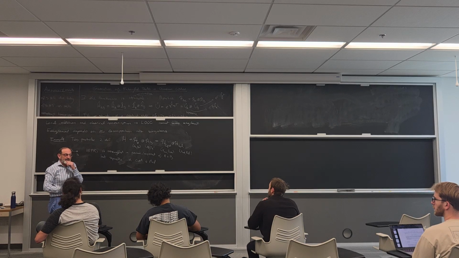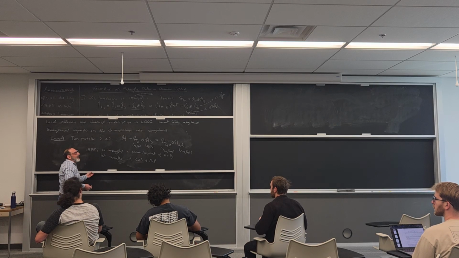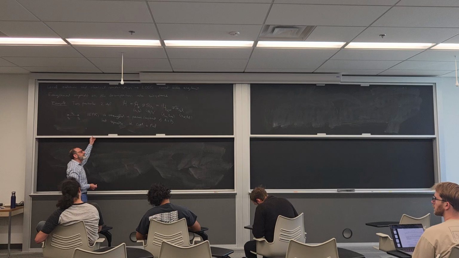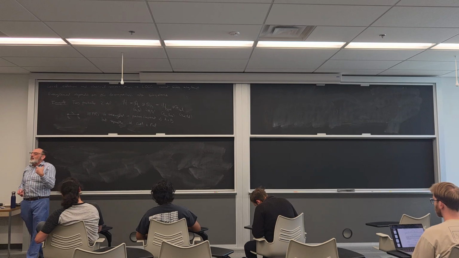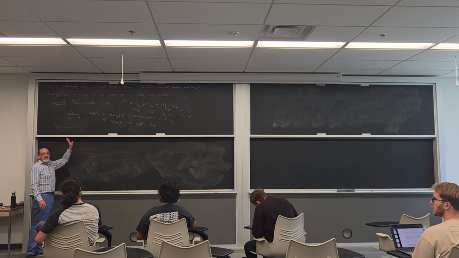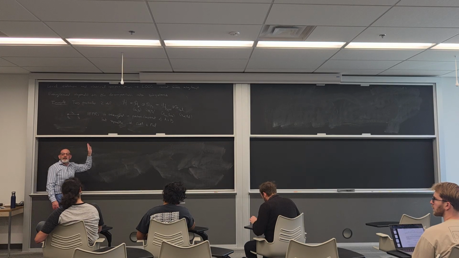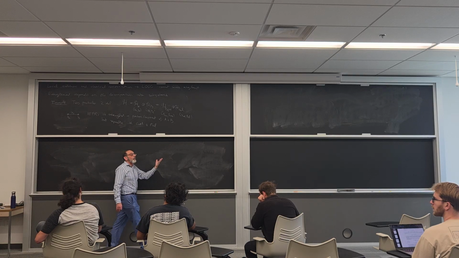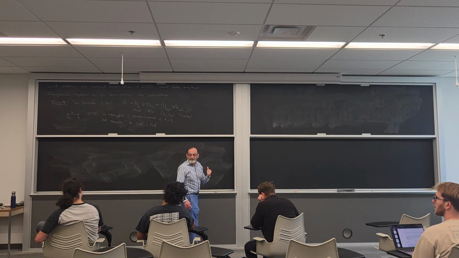Is that clear? So that's a very subtle point, and it says that what we mean by entanglement in the system depends also on what the degrees of freedom are and what we're measuring in the end, okay?